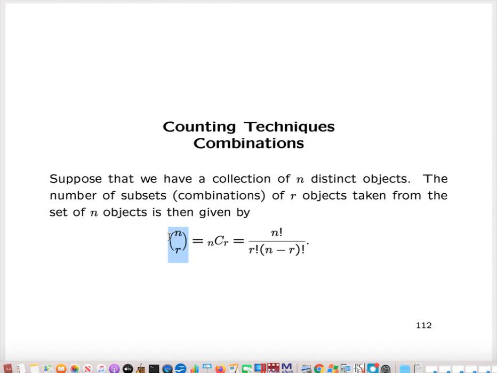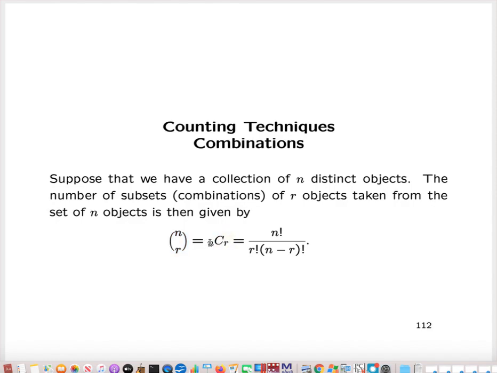And let me just point out that this is not a fraction. There's no division bar here. This is just notation specific to counting combinations. And this notation is read n choose R. So how many ways can we choose R objects from a set of n objects?